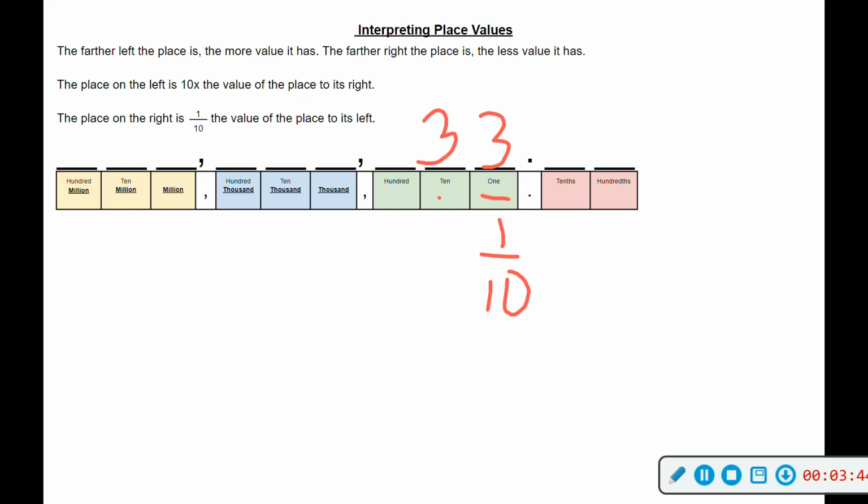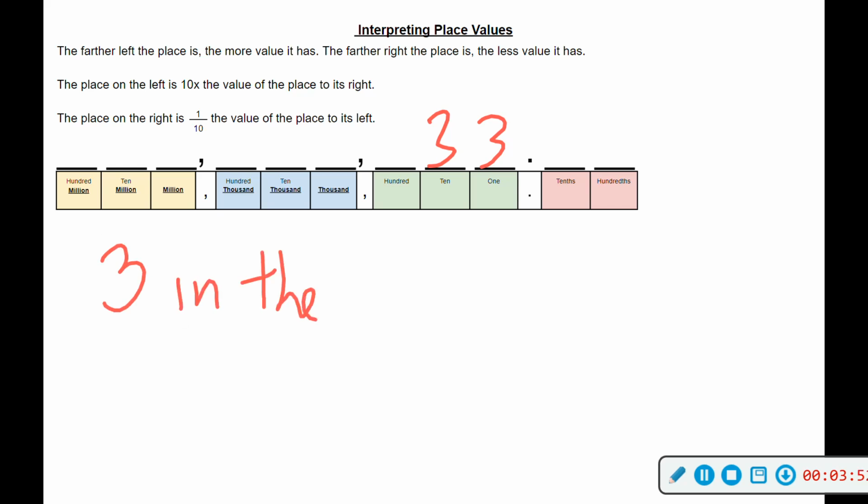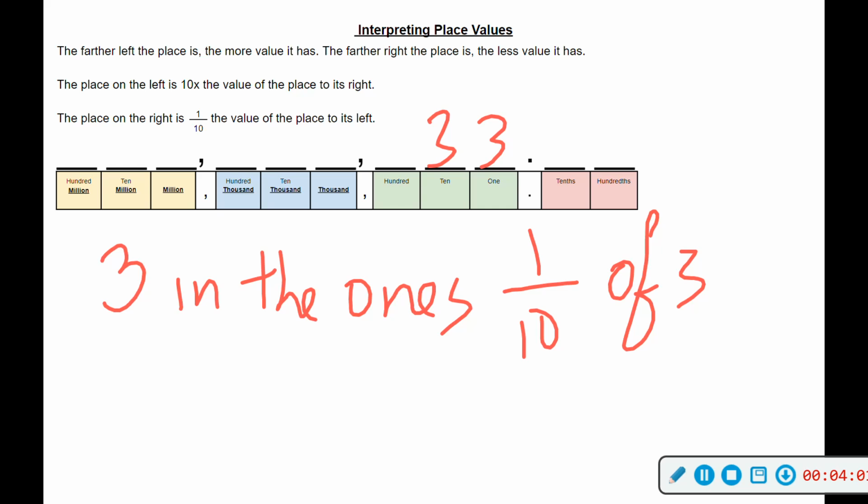So to write that out, the 3 in the ones place is 1/10 the value of the 3 in the tens, because the ones place is less than the tens place by 1/10 the amount.